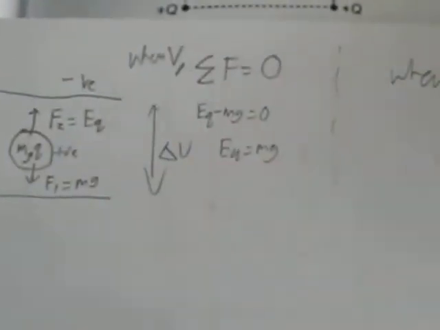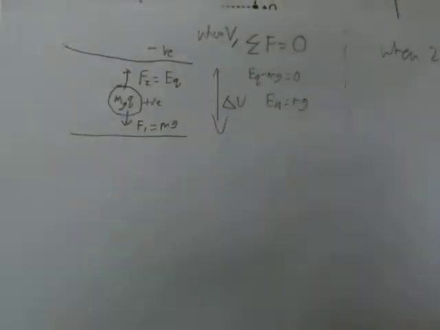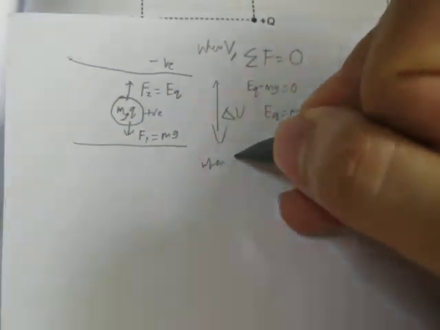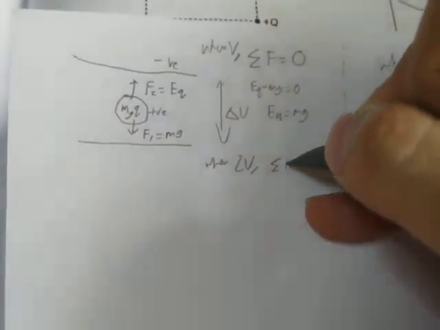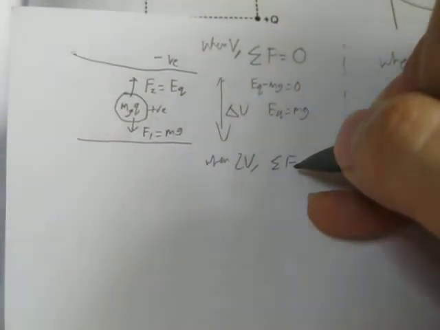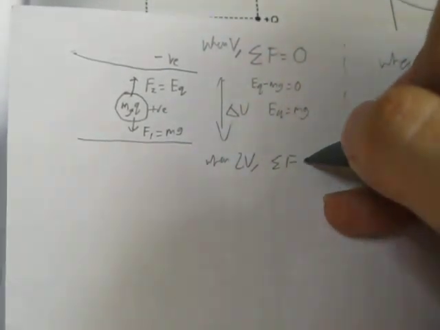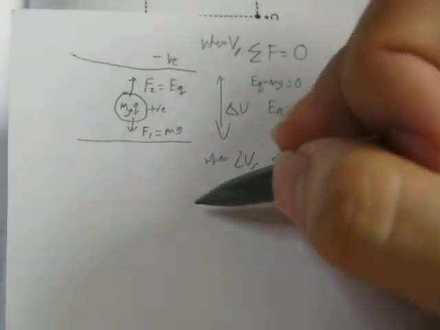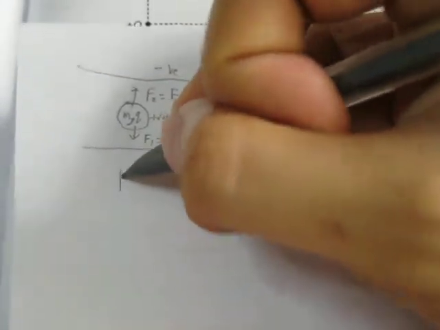So now what happens if it is 2V? When 2V, resultant force is non-zero, right? Let me rewrite F2.